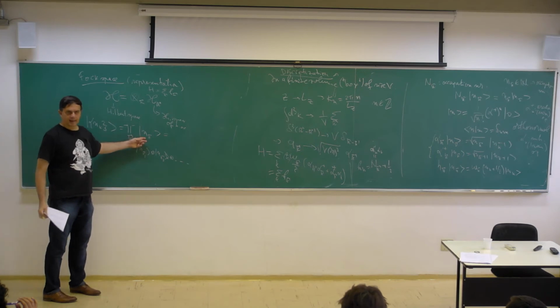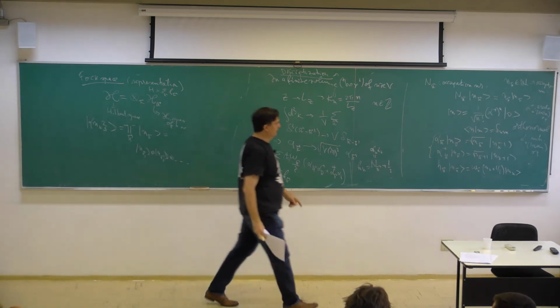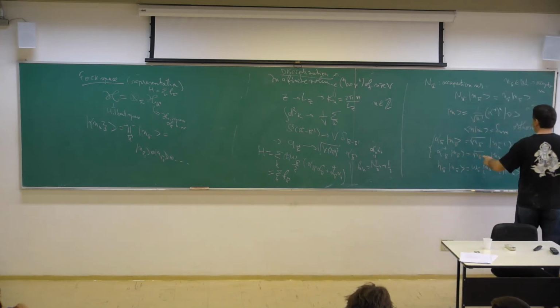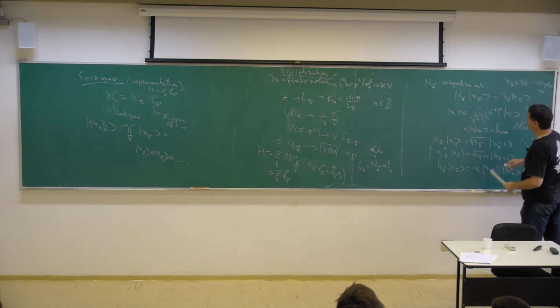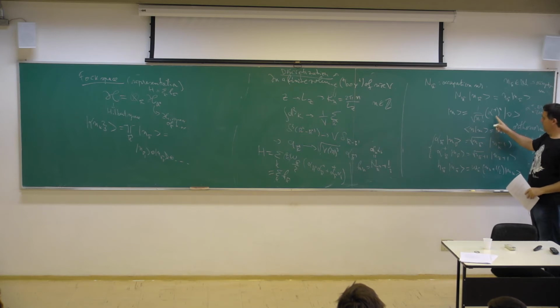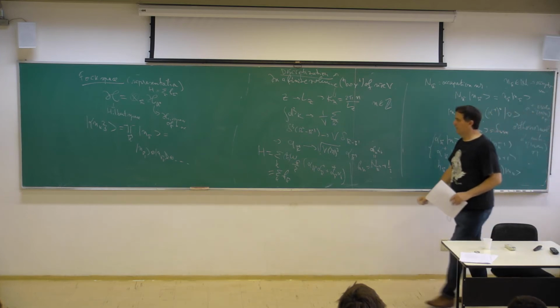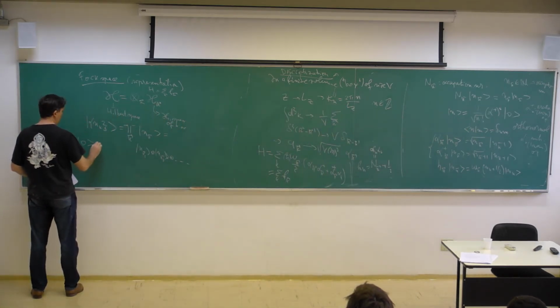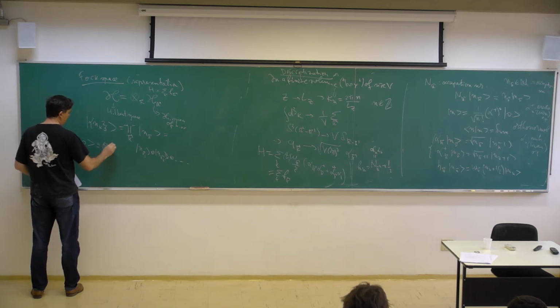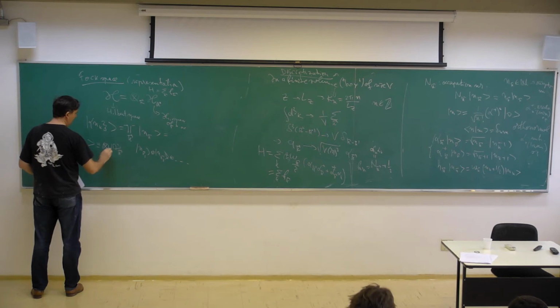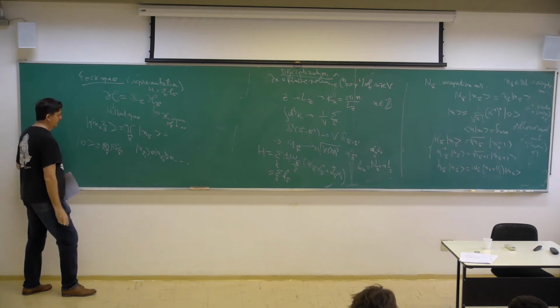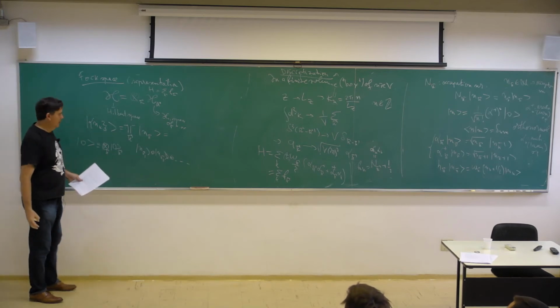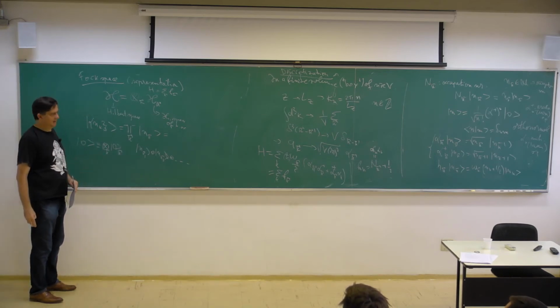However, each of these states is thought of as the action of a creation operator of the corresponding k to the power n acting on some vacuum for this harmonic oscillator. But we can define the total vacuum as the tensor product of the vacua for each k, right? The obvious notation. Vacuum is when all the harmonic oscillators are in vacuum.